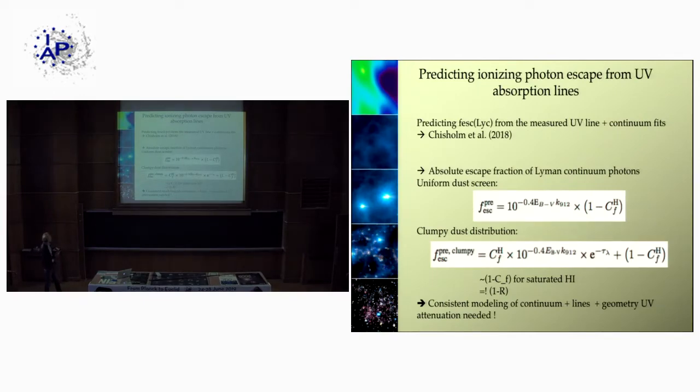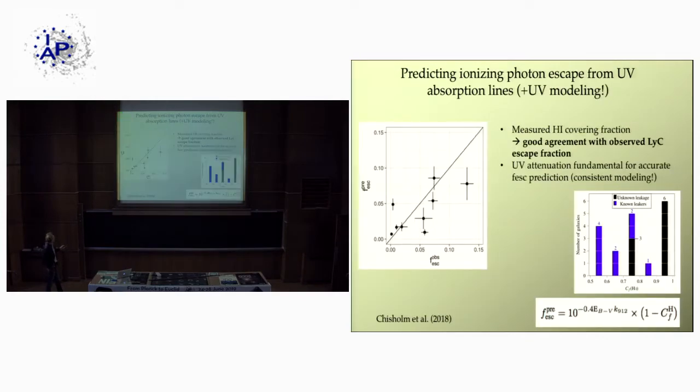Once you have done this modeling, you can compute the expected Lyman continuum escape fraction through this inhomogeneous interstellar medium. It depends on the assumption of the geometry you're making, on the distribution of where the dust is, but in any case, for different geometrical assumptions, you can compute it, and you just have to choose the proper expression. And then what you find are these predicted values of the escape fraction, just looking at the absorption lines, and here they are compared to the direct measure we made by looking at the Lyman continuum.